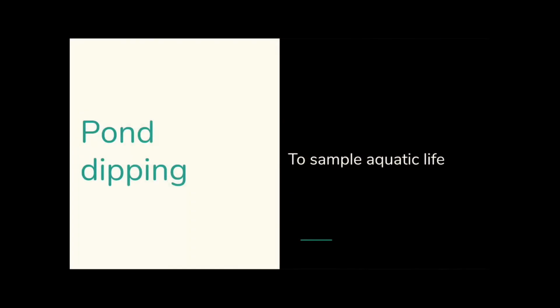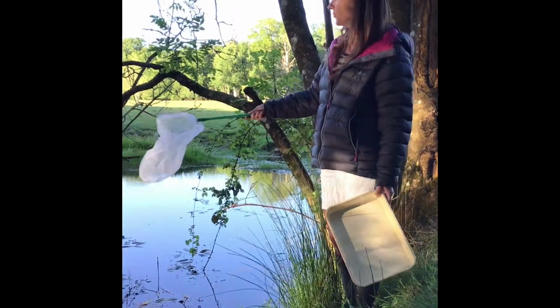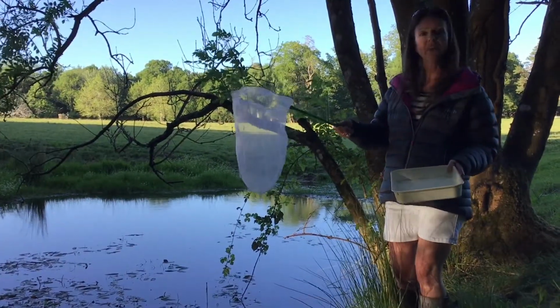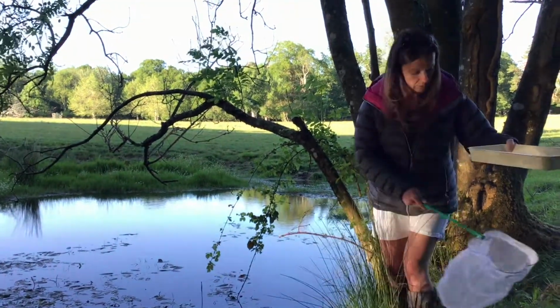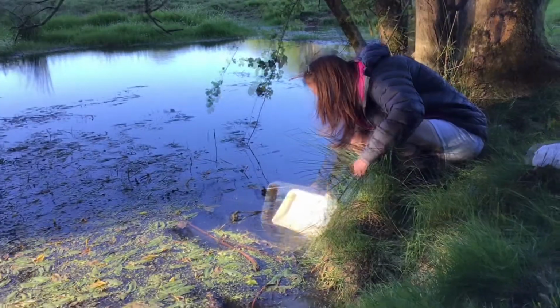To sample aquatic life, we can do pond dipping. Another habitat that we can sample is a pond. We'll need a pond net and a tray in which we need to get some water to start us off.